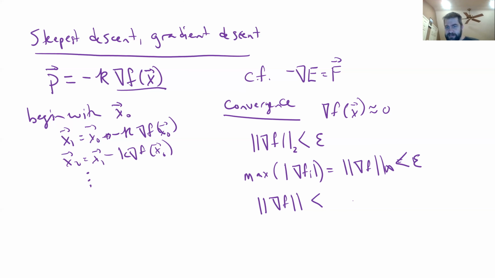So we may do something like defining convergence as epsilon times 1 plus the magnitude of the actual function. And this would give a more relative convergence, asking for the gradient to be small with respect to the magnitude of the function, where this 1 is added in here just to solve the problem of this being 0, so that we don't have an inconsistency there.